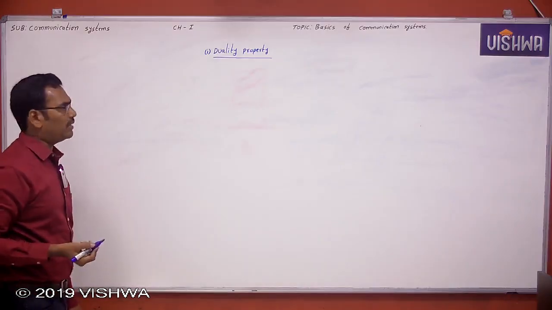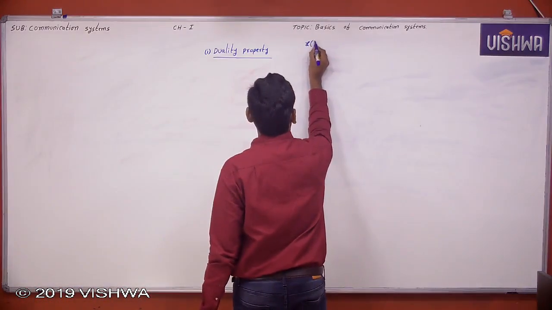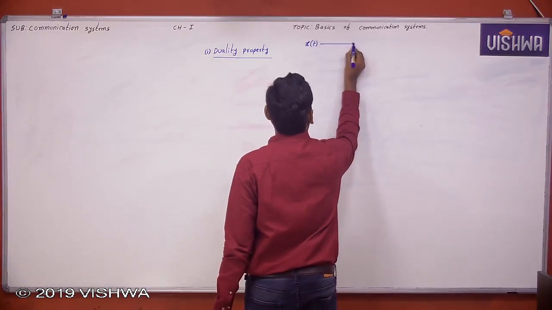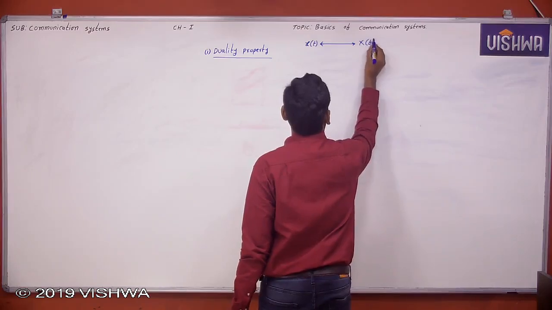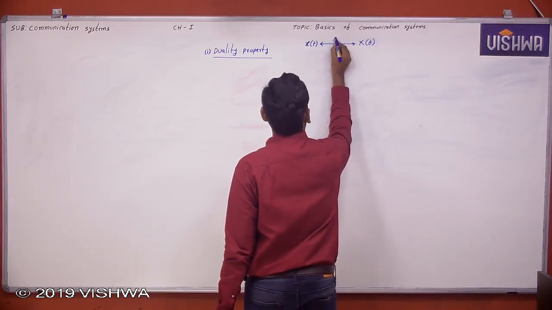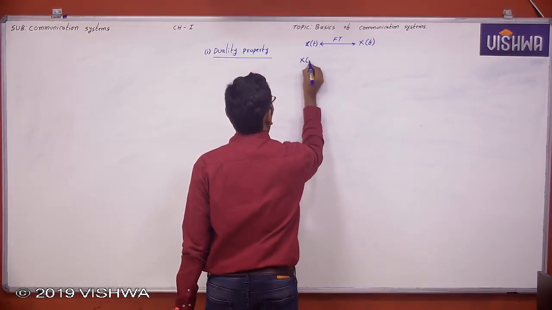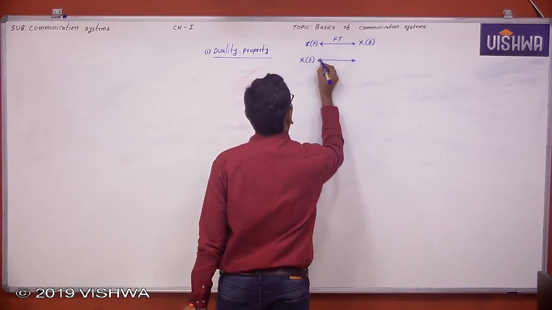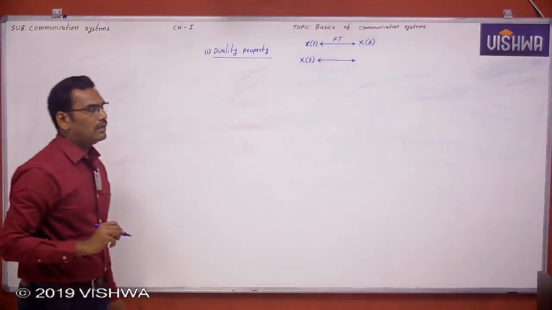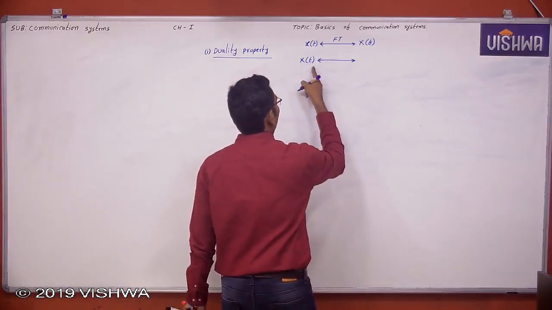Very simple property. What is the duality property? Now x of t is a signal. Now in frequency domain, this is capital X of f. Now this is the Fourier transform. Now small x of t is a signal whose Fourier transform is capital X of f. Now this is capital X of t.